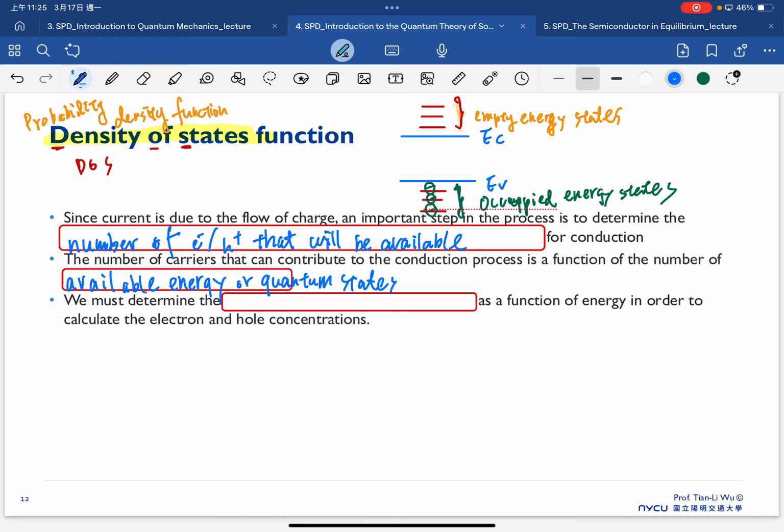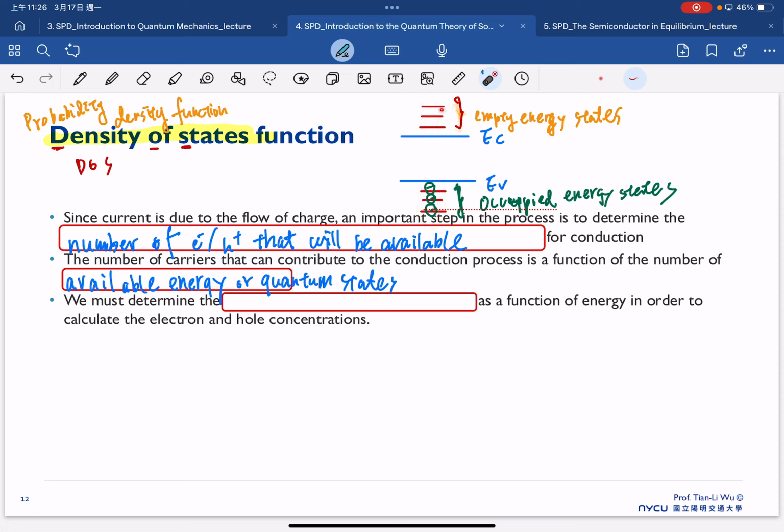So now it's back to the question. We want to know how many electrons here. We want to know how many electrons here. But the question will be, how many available states are there?